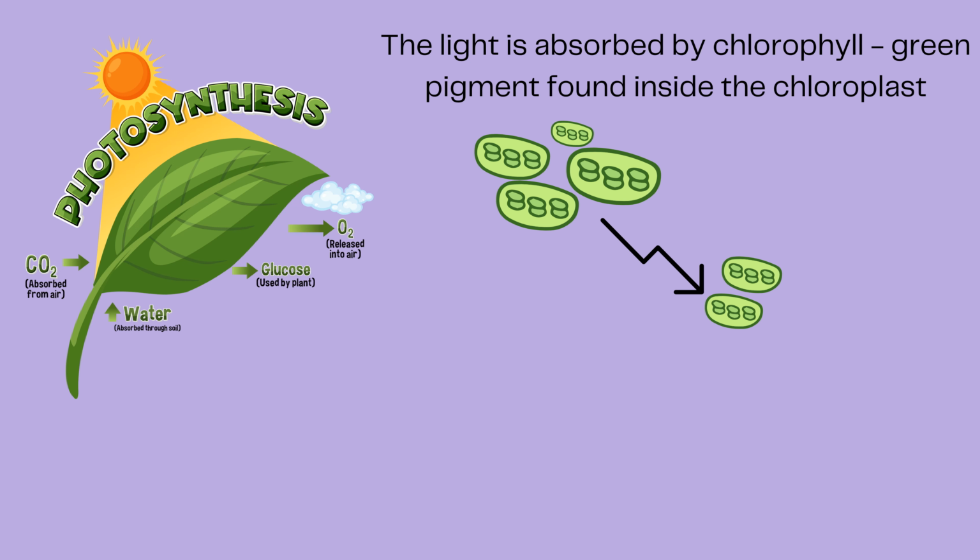So if we have less chloroplast, it means that less chlorophyll, which is the green pigment, would be found in the plants. Less light would then be absorbed because remember, chlorophyll absorbs light for photosynthesis. And if less light is absorbed, less photosynthesis is taking place, it means that less glucose is made. Glucose is involved in the production of amino acids, and amino acids make proteins, and protein is responsible for growth.